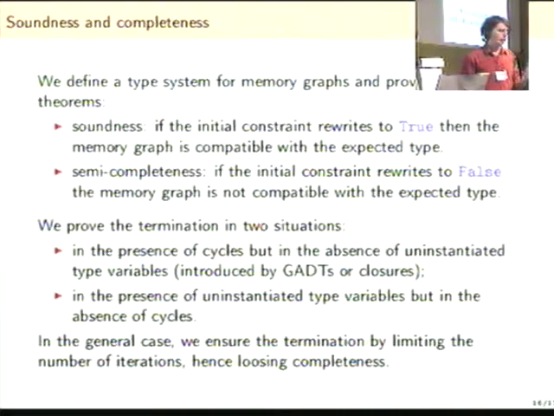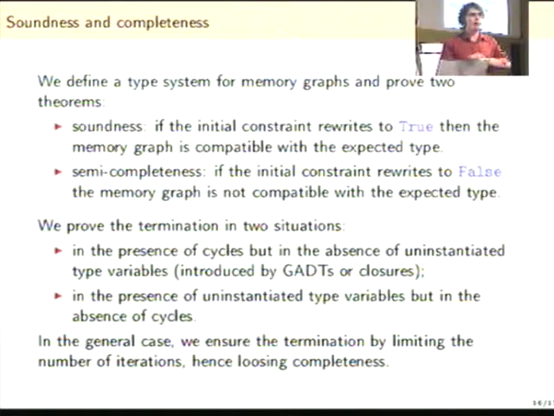Okay, and to prove the soundness and completeness of our algorithm, we first define a type system for the memory graph, associating a type to each pointer. We prove the soundness, meaning if the initial constraint reduces to true, then the memory graph is compatible, and the semi-completeness: if the initial constraint reduces to false, the memory graph is not compatible with the expected types.